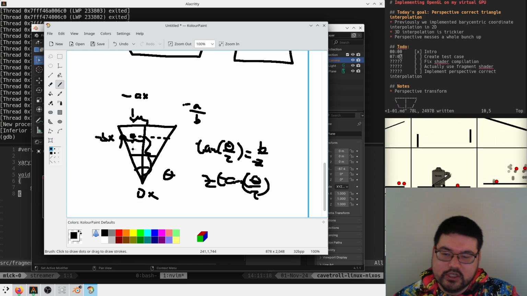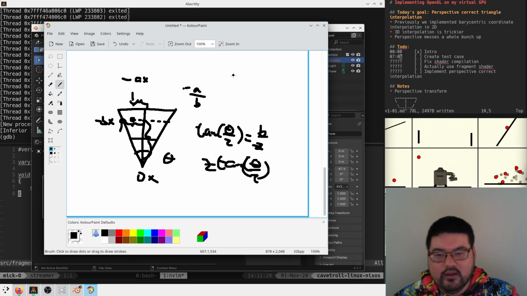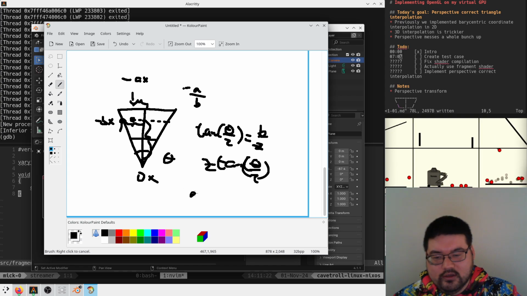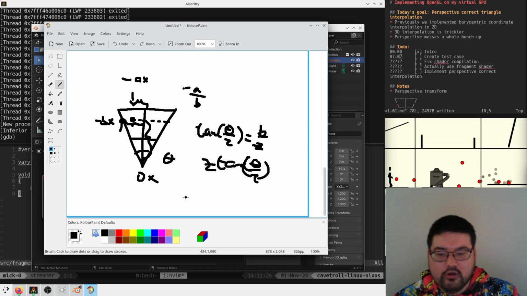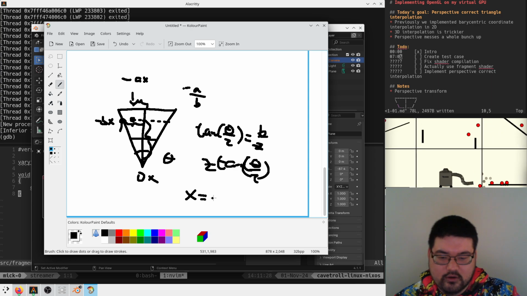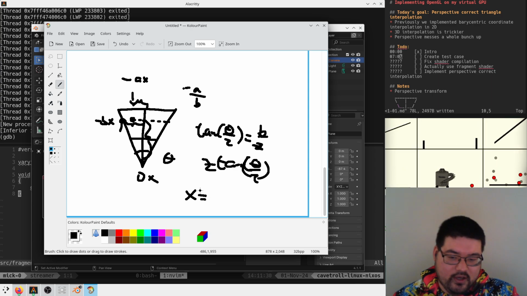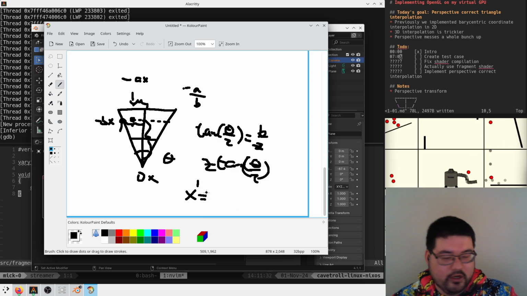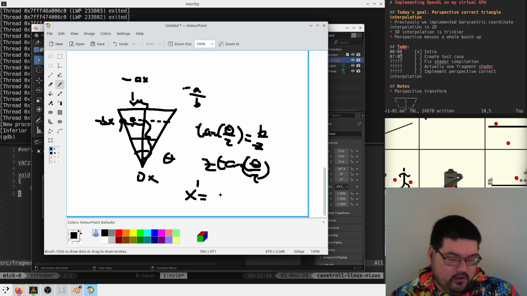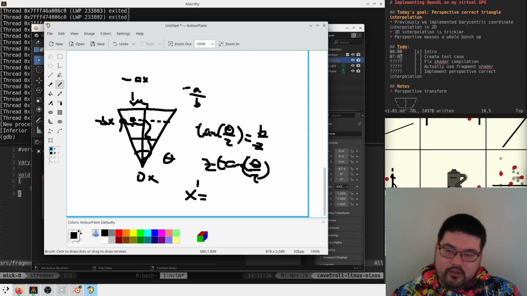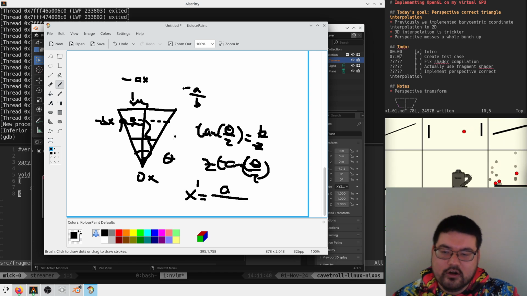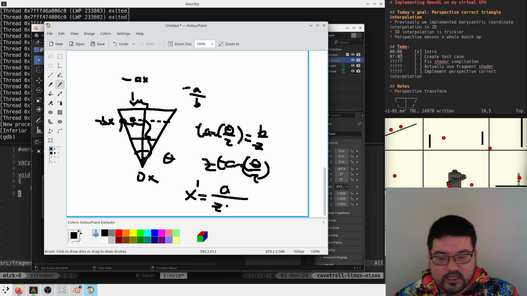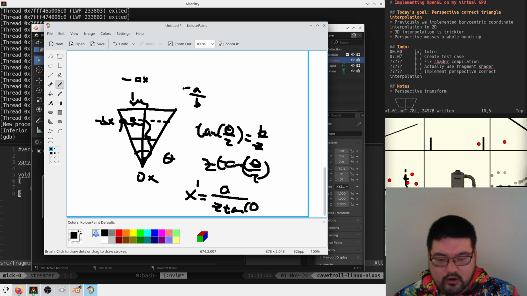Since we want the ratio of a over this, the new value of x, the projected value of x, which people put a little prime on, is going to be the value that it previously was, a, over the total width, z tan theta over 2.